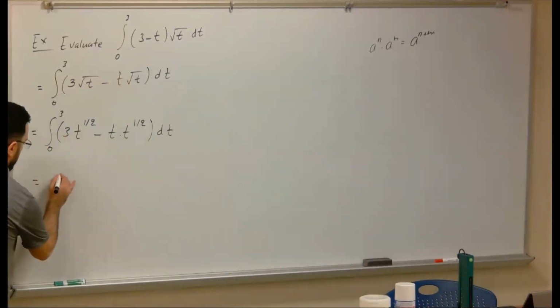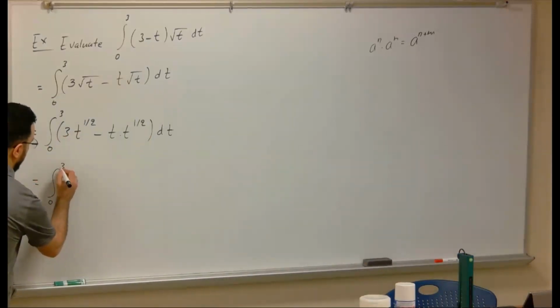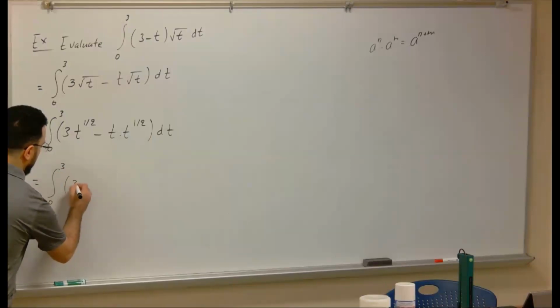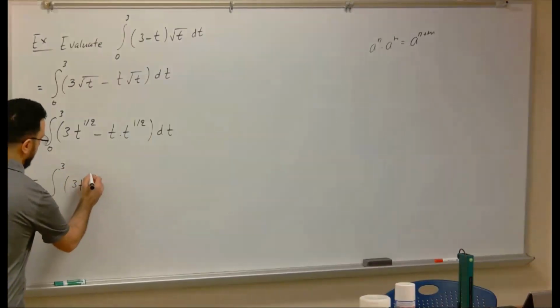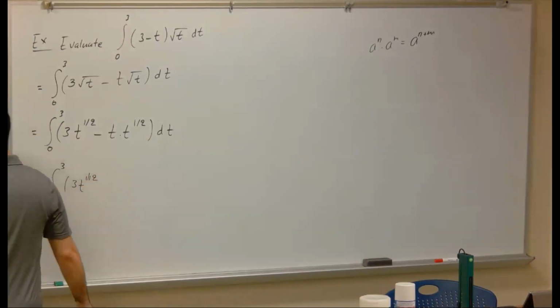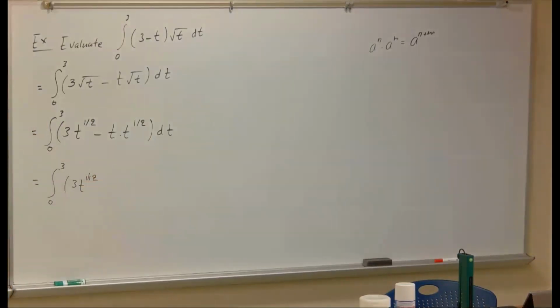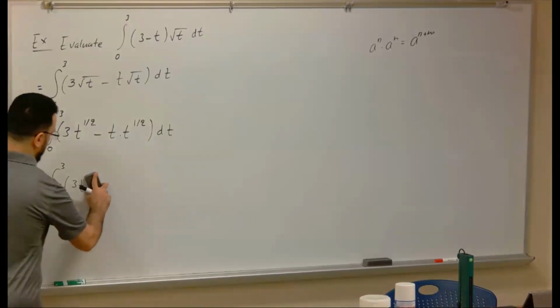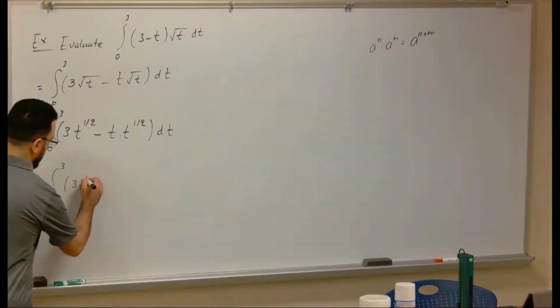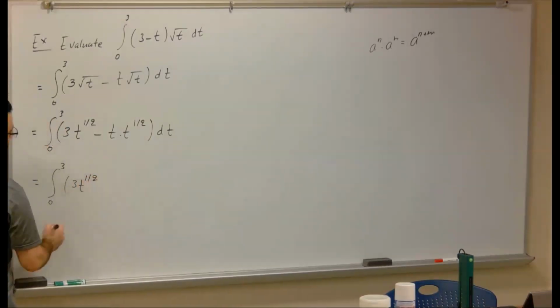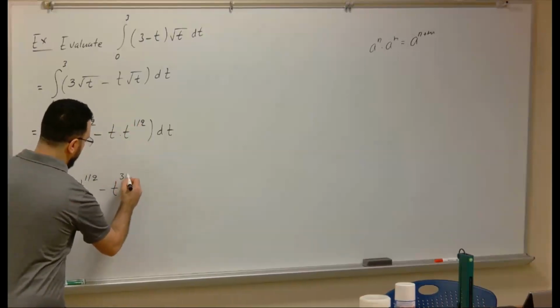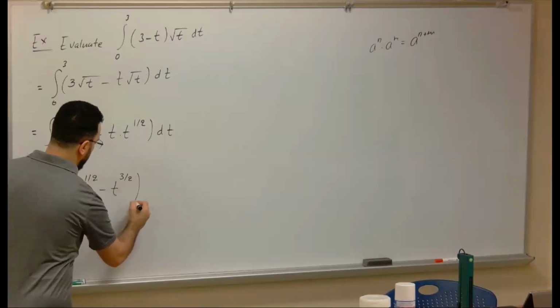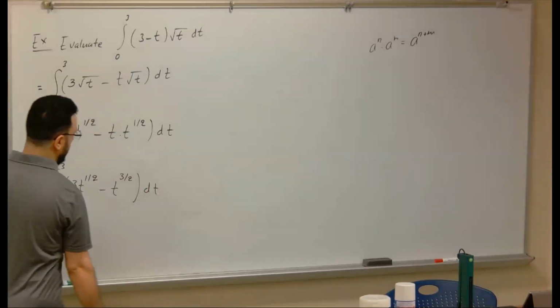So this one is going to be the integral from 0 to 3 of 3t to the half minus t to the 1 plus half, which is 3 over 2, everything dt.